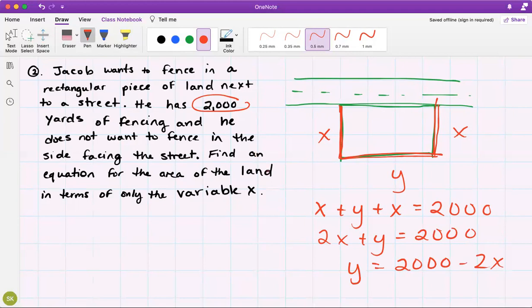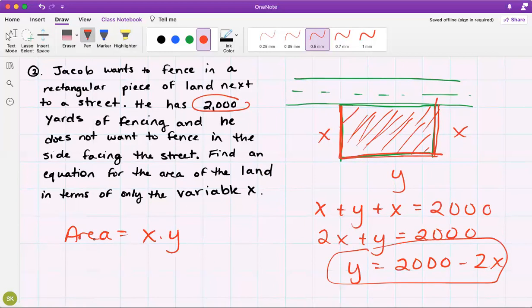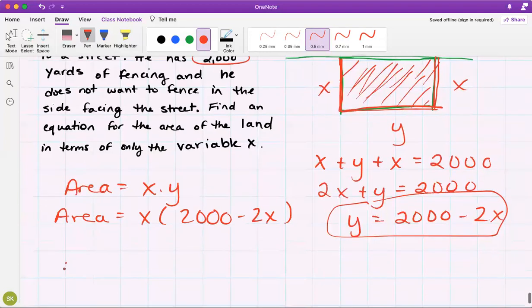We want to find an equation for the area of the land. So area is all of this stuff here. That's your area. And area is always x times y. But now we can use this y. We're going to plug that into our area equation. We get x times 2,000 minus 2x. And now we can write a really nice equation for area.